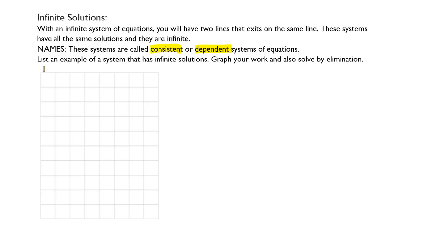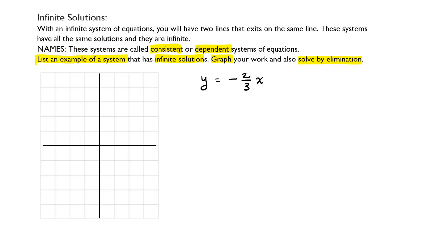Let's list an example of a system that has infinite solutions, graph it, and solve by elimination and see what we get. Let's figure out some equation of a line. I'm going to pick y equals negative 2/3 x minus 2. Let's see what happens.